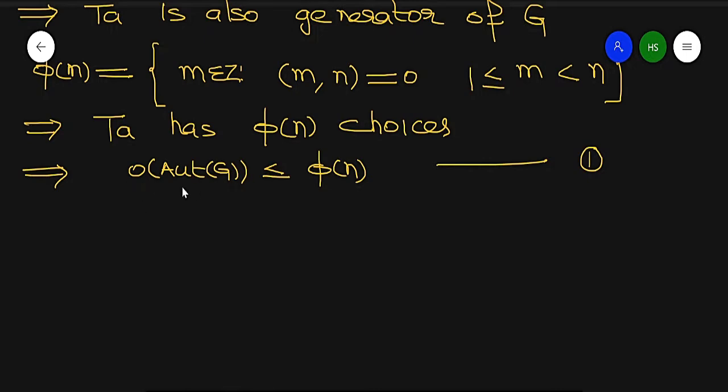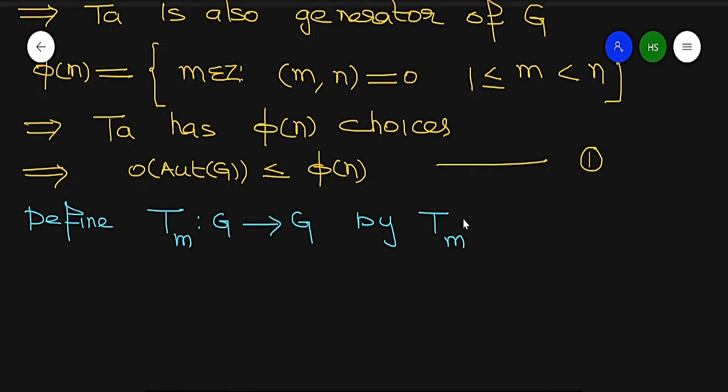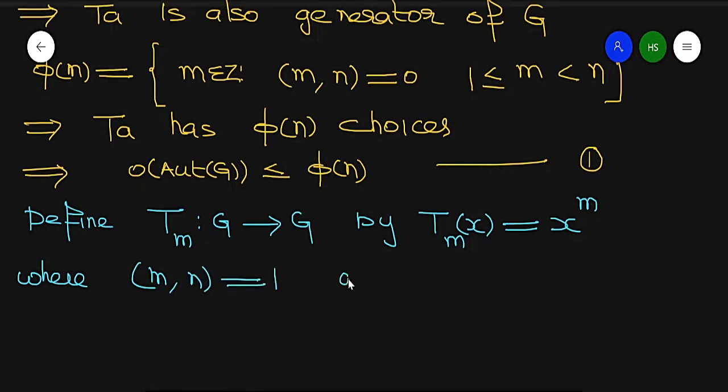Now, to prove that the order of the automorphism group is greater than or equal to phi(n), we define a mapping Tm from G to G, defined by Tm(x) equal to x raised to power m, where m belongs to the set of phi(n), that is, GCD of m and n is equal to 1 and 1 less than or equal to m less than n. So this is my equation number 2.